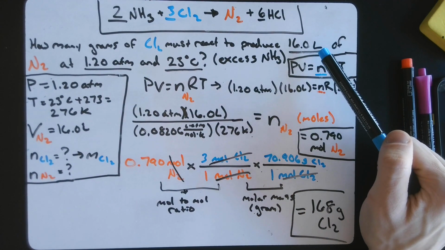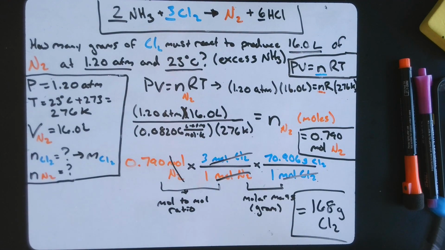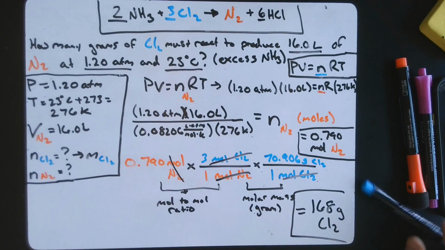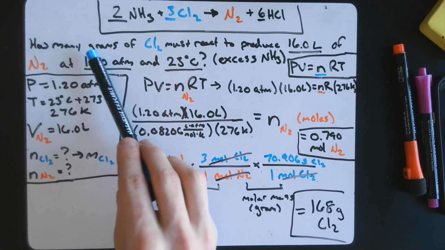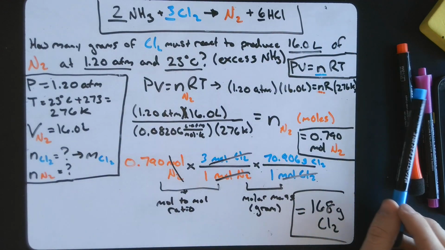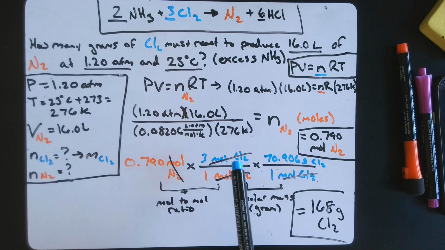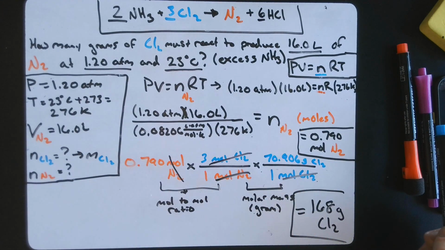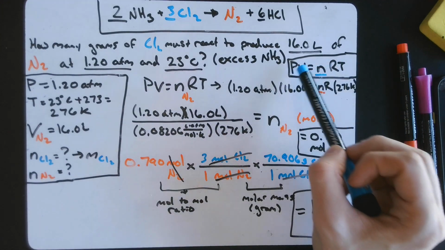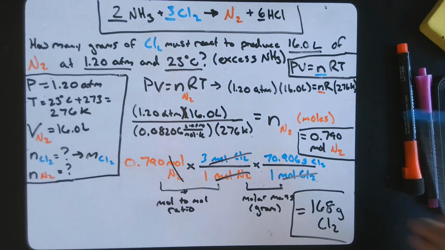Volume, maybe the volume could have been given in milliliters, right? Maybe if you wanted an even more complex problem, you could have been asked how many liters of chlorine must react to produce 16 liters of nitrogen. And in that case, you would actually have to use the moles of chlorine and plug back into PV equals nRT to solve for whatever volume of chlorine you're trying to get.